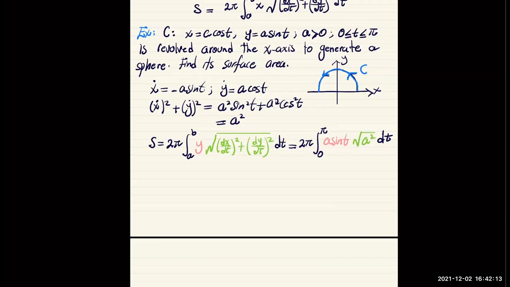If you're going to do this in non-parametric form, you're going to have a little bit of trouble with the integral, because in non-parametric form, the equation of the semicircle is y equal to square root of 1 minus x squared. You have to take the derivative of this and plug it into the non-parametric form of surface area.